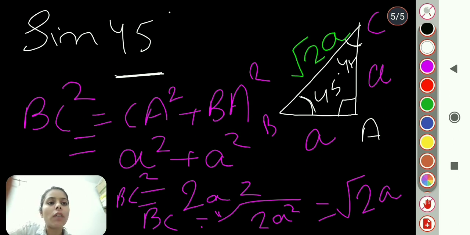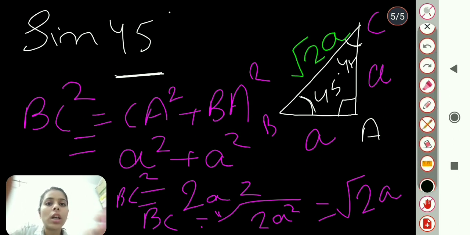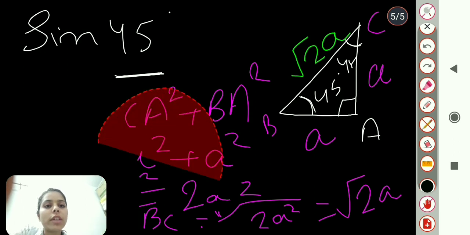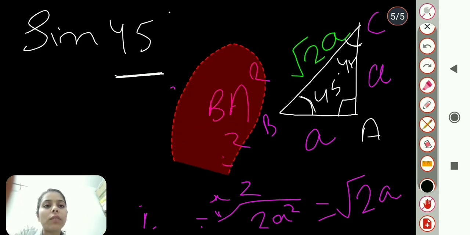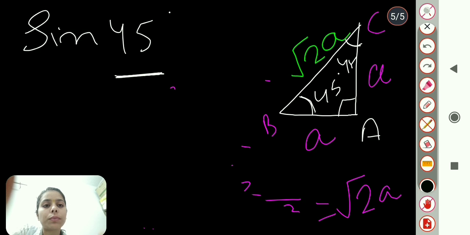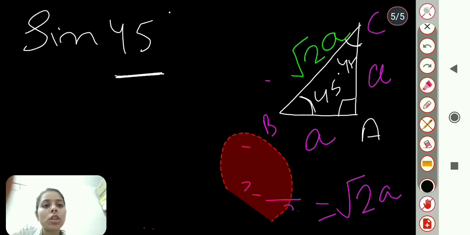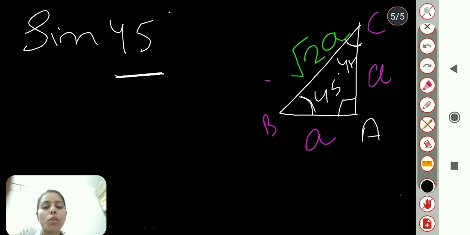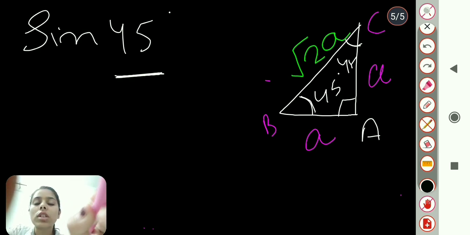So now we have our values. We have the value of base, we have the value of perpendicular, and we have the value of hypo also. So now what is the formula for sine A? Formula for sine A is perpendicular upon hypo. So formula for sine 45 will be perpendicular upon hypo.